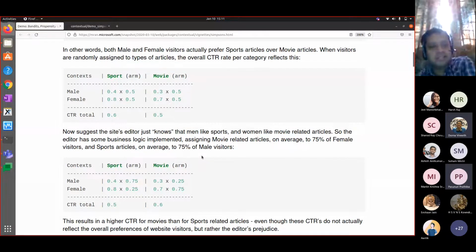So the editor has some business logic implemented, assigning movie related articles on average to 75% of female visitors. So what has the editor done? Movie articles are given to 75% of female visitors and sports articles to 75% of male visitors. So that's the bias that has been brought in by the logic.